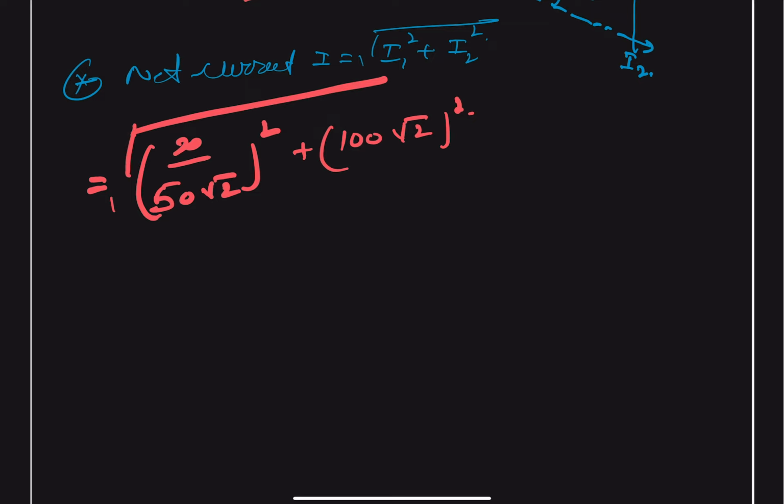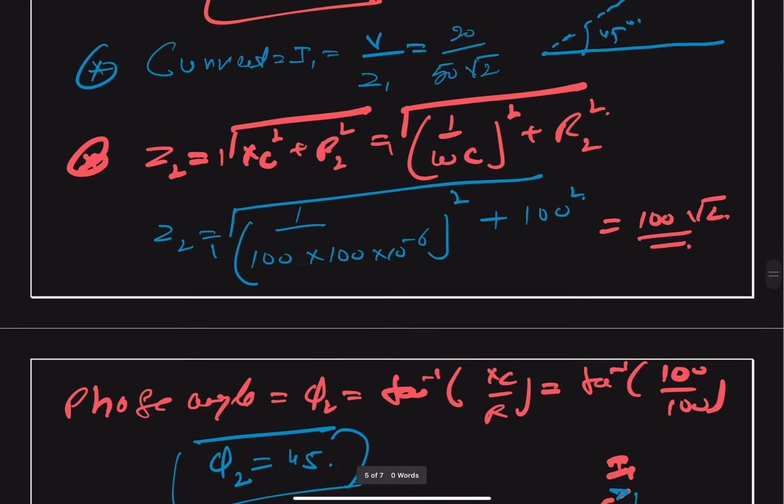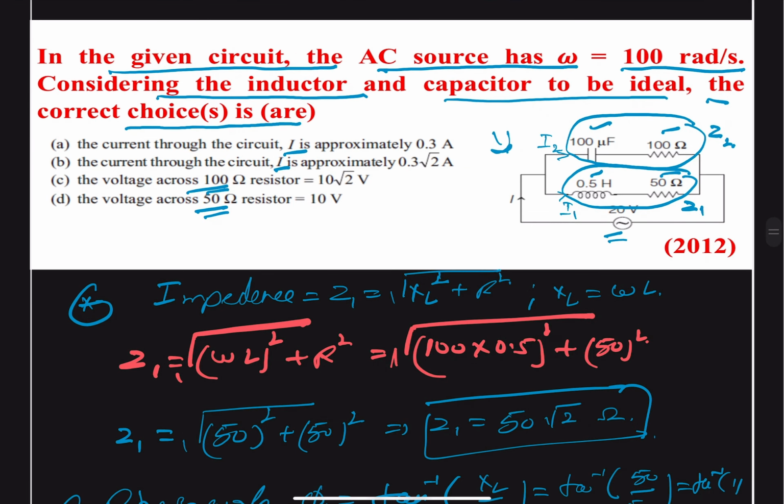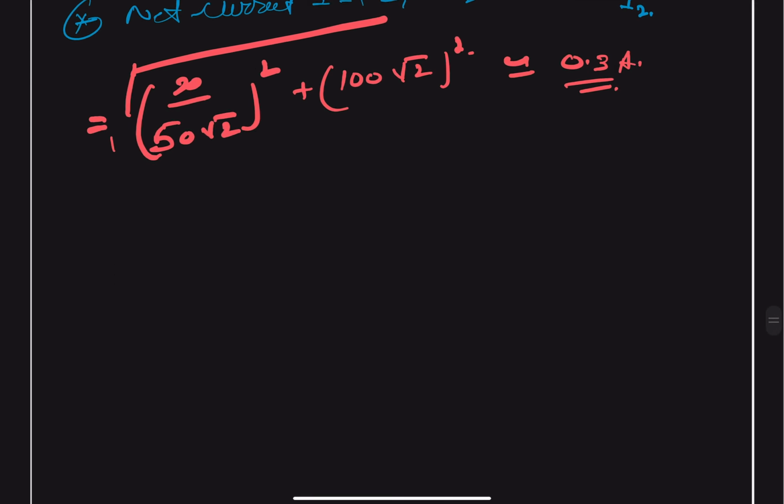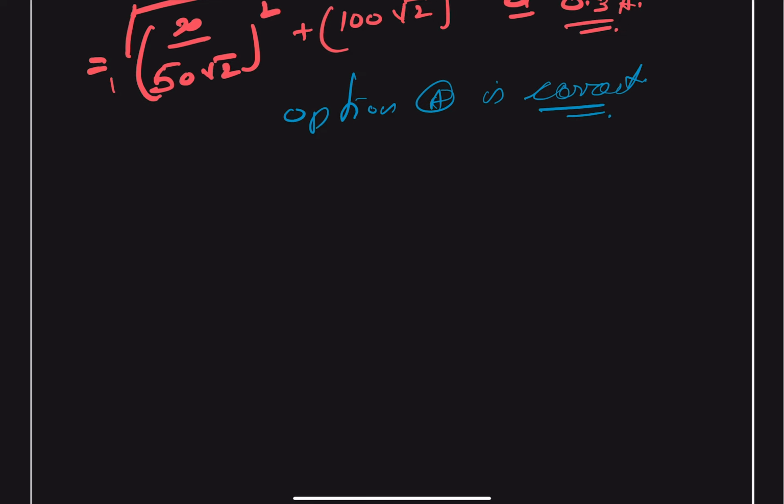So if we solve this, we can say the current is approximately equal to 0.3 amperes. So the net current in the circuit is 0.3 ampere. So option number A is correct. Next, we have to find out the respective voltages at 50 ohm as well as 100 ohm resistance.